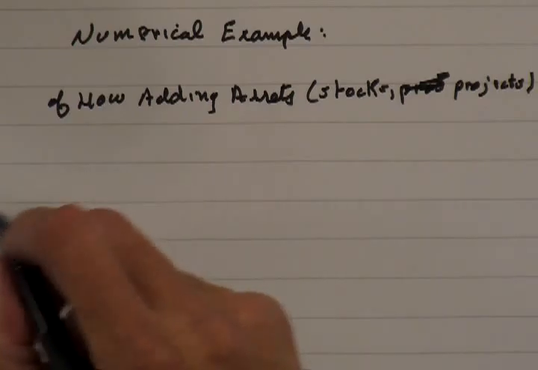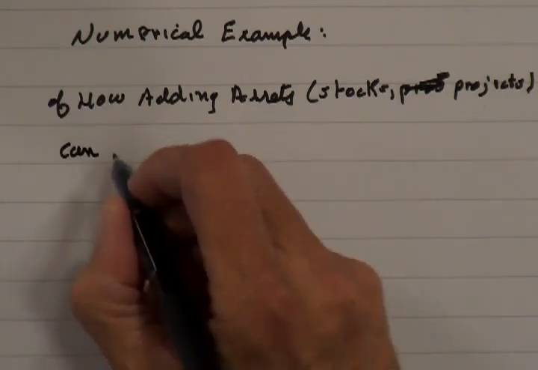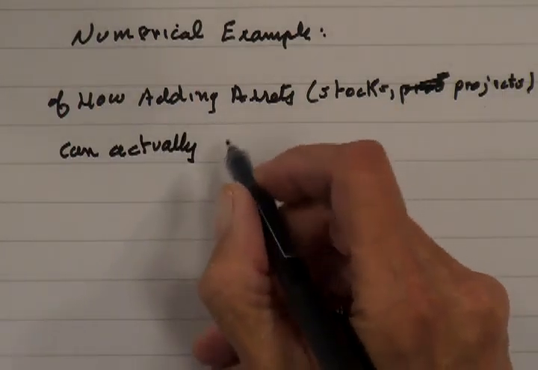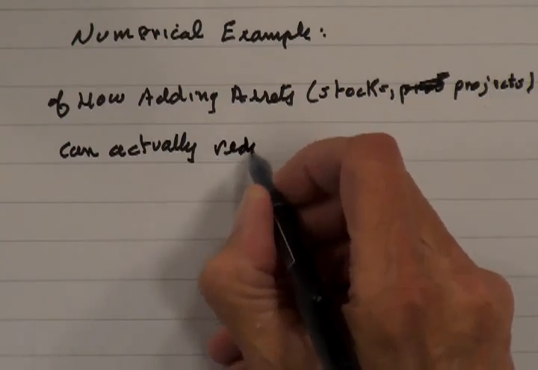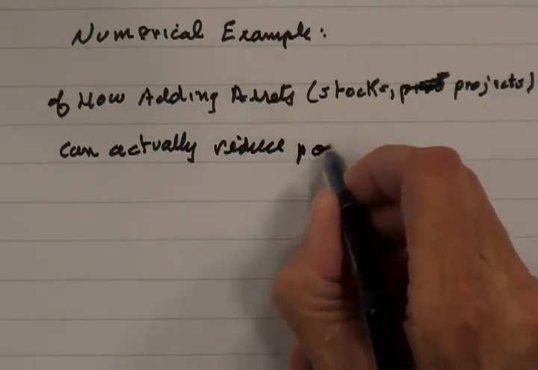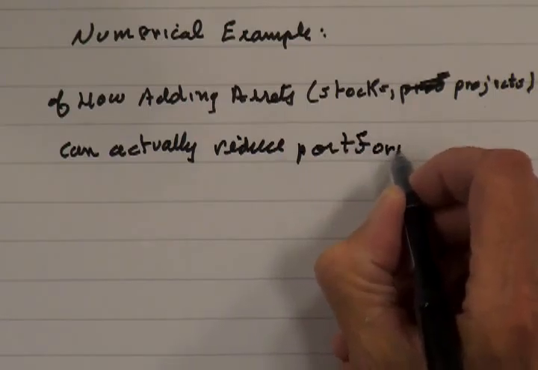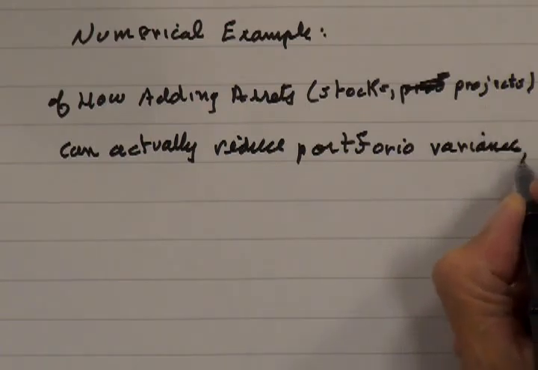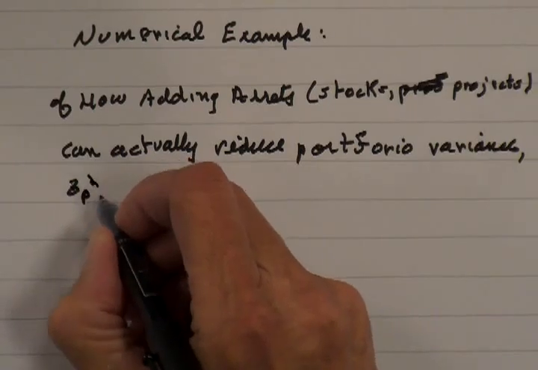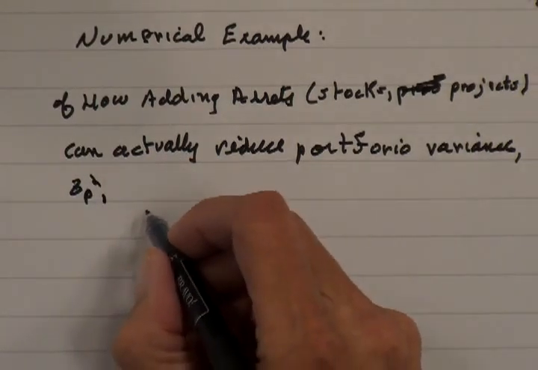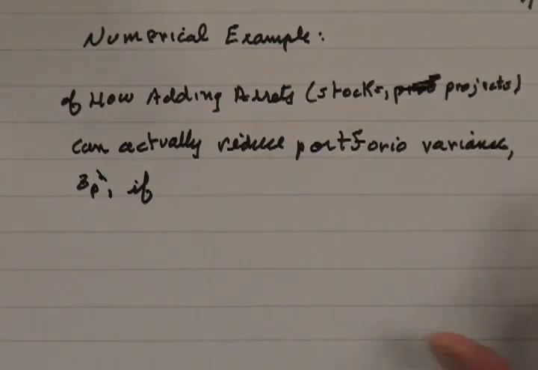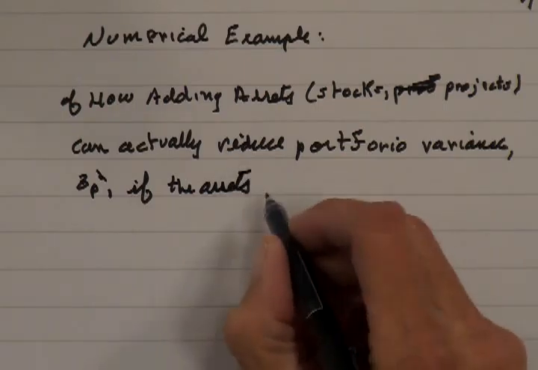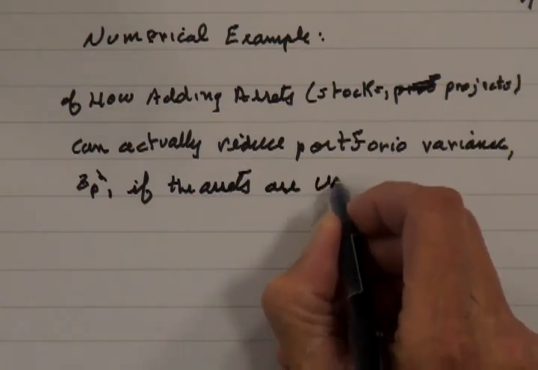So we want to see how adding assets can actually reduce portfolio variance, which is sigma p squared, if the assets are uncorrelated.